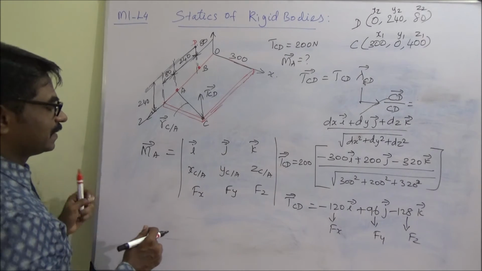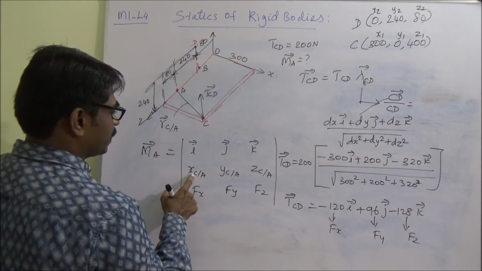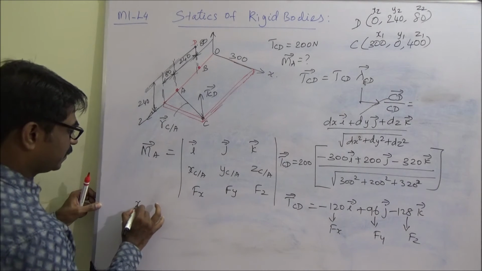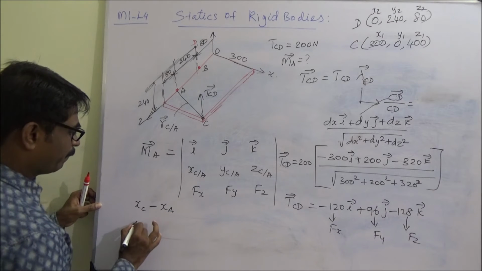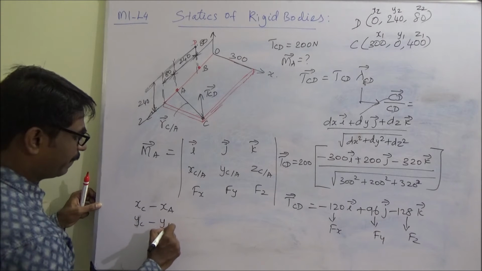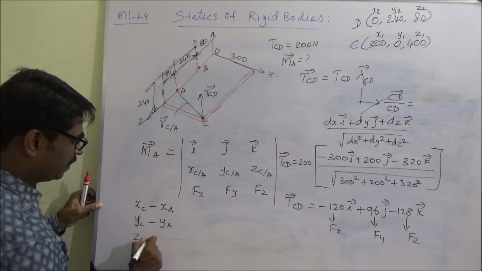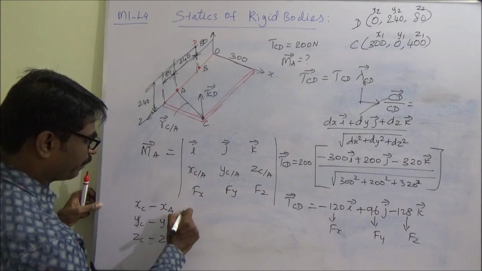Now we need to find out xc minus xa, yc minus ya, zc minus za.